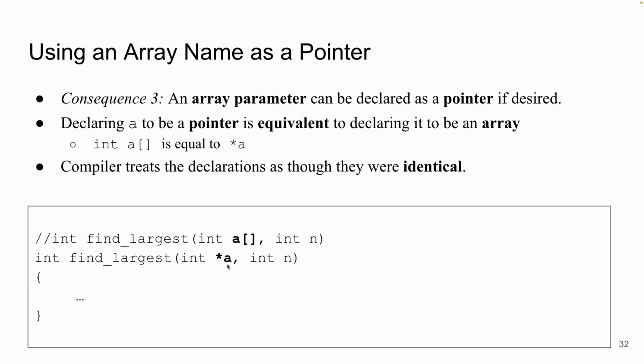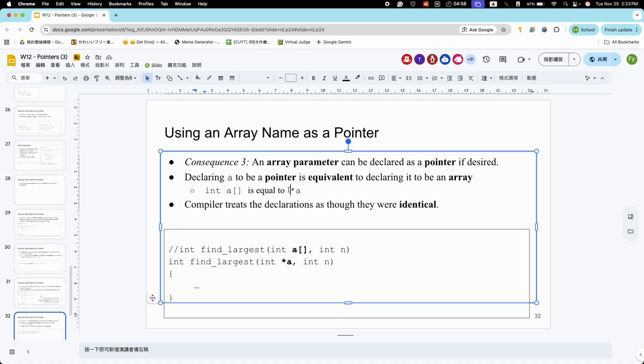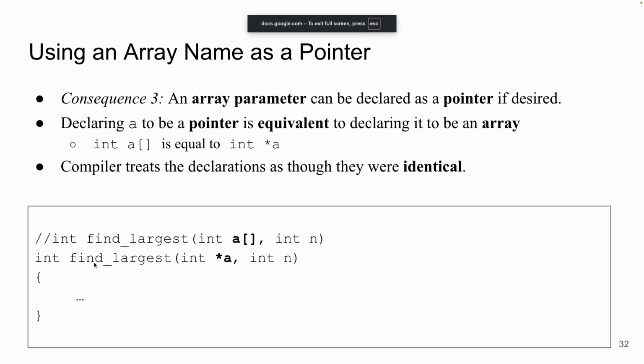So we can declare a to be another integer pointer. In C, actually int a[] is equal to, sorry, I forgot to add an int here. So these two declarations are the same, and the compiler will treat these two declarations identically. They are the same declaration for the C compiler.